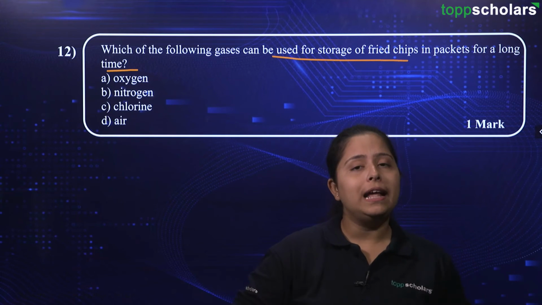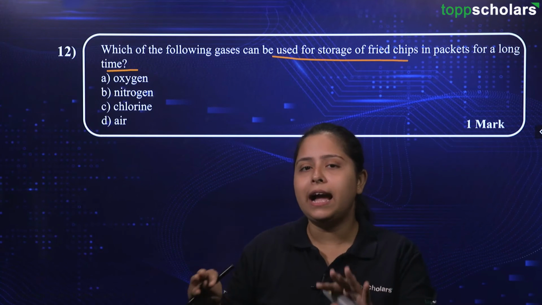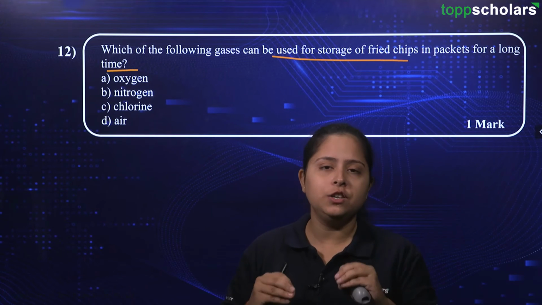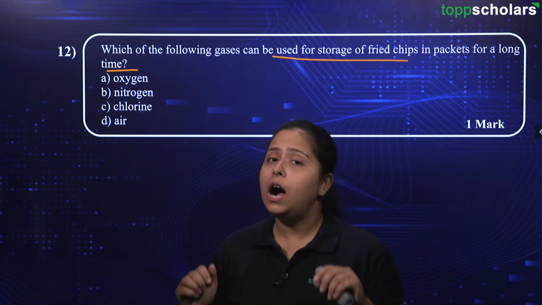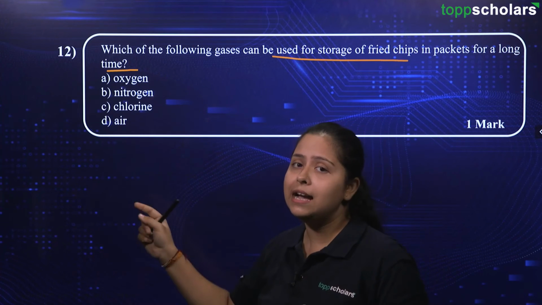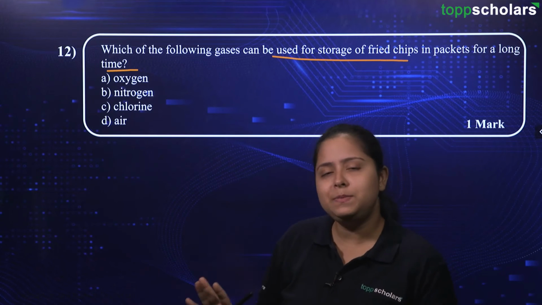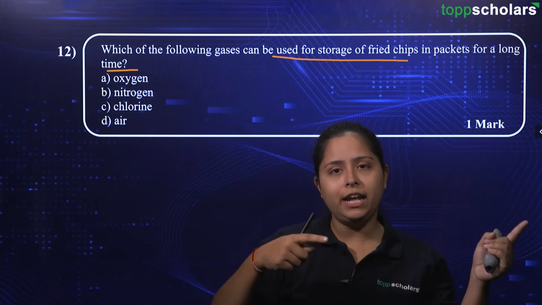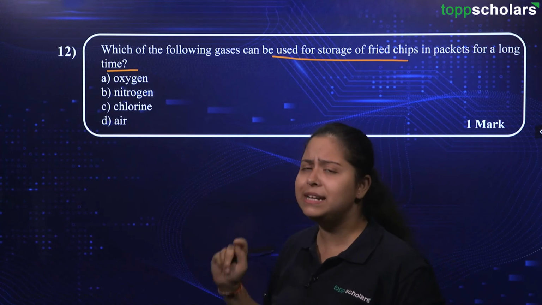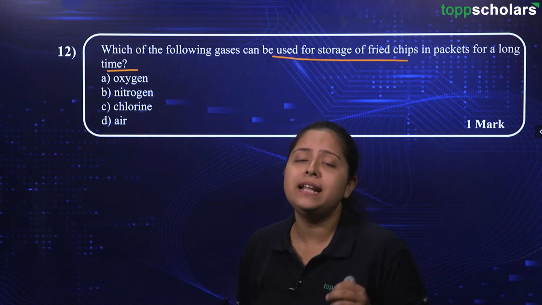So, to avoid that, we need to add some kind of gas which will not let the reaction happen, or at least which will slow down the reaction which is happening. So, out of these options, now we got a hint that we need to find the gas which is mostly inert. Now, if you see, there is no inert gas present in here from the periodic table, that is neon, helium, argon, krypton, those things are not present. But there is a gas which is nearly inert and that is nitrogen.